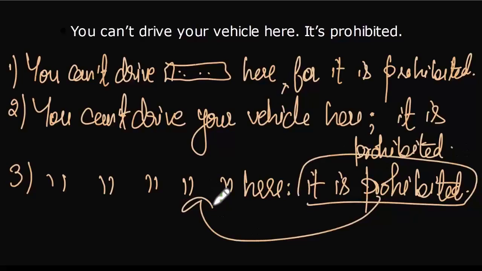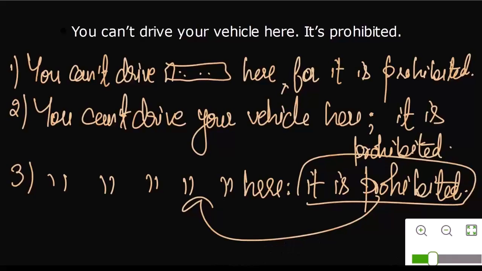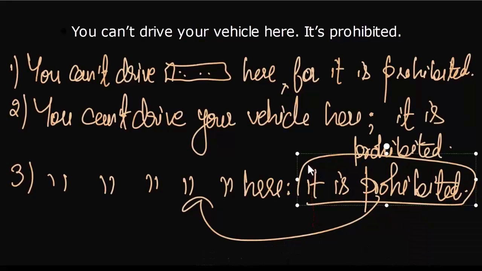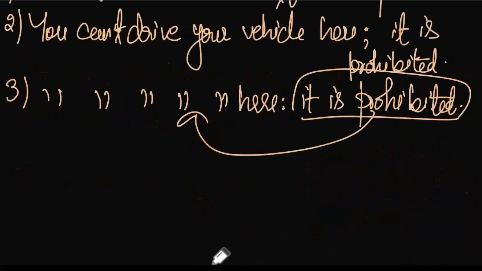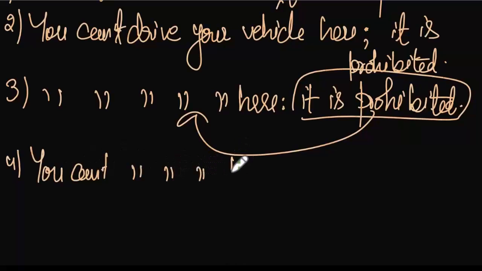Why am I saying that you cannot drive your vehicle here? Because it is prohibited here. You can also use an em dash. You can also use this punctuation. So you can say, you can't drive your vehicle here, em dash.